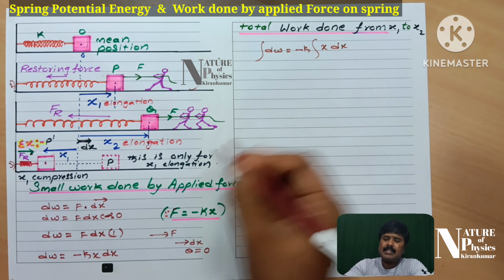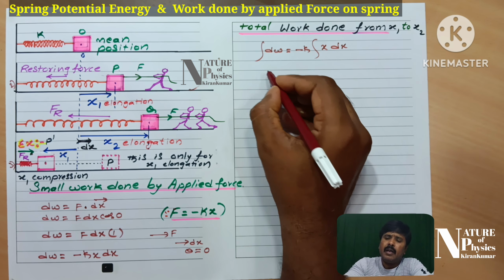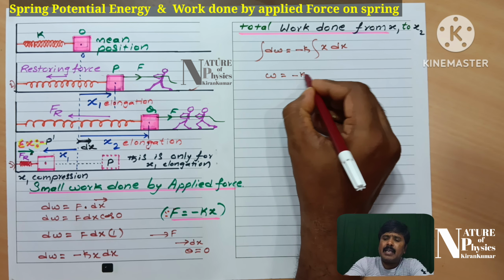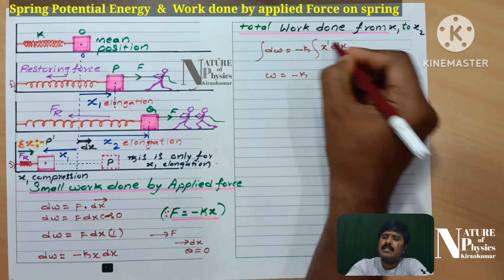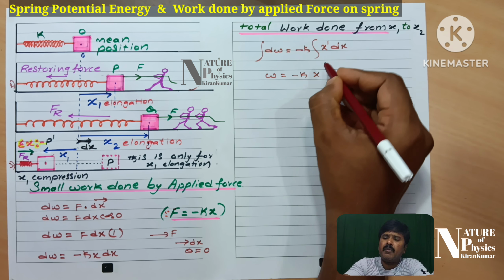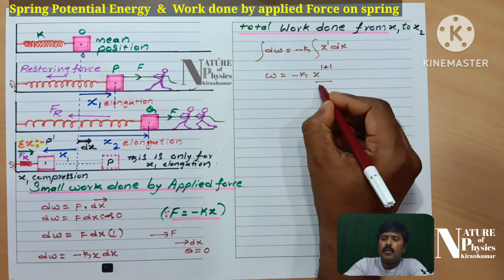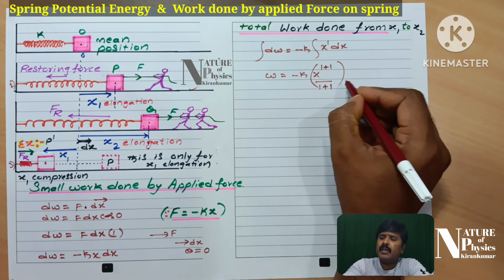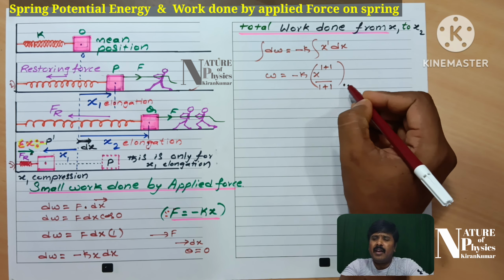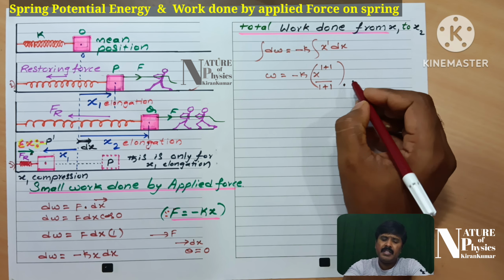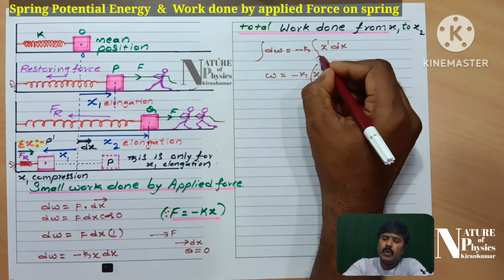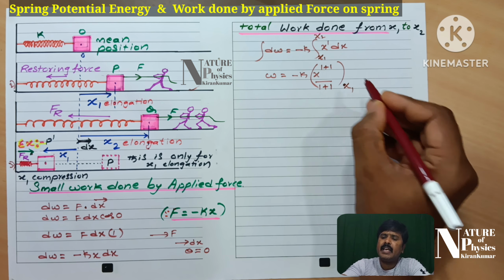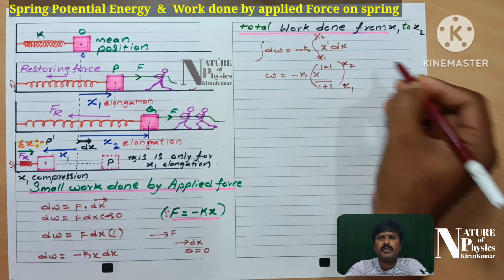Here minus k is a constant and common, so integral dW is equal to W, and minus k into x to the power of 1 gives x to the power of 1 plus 1 divided by 1 plus 1. I forgot to write the limits: the limits are x1 to x2, where the lower limit is x1 and the upper limit is x2.